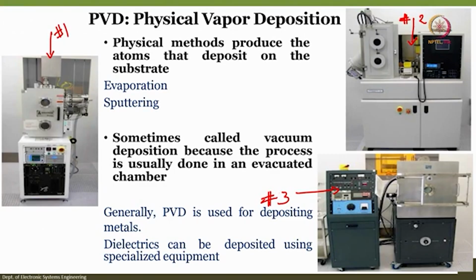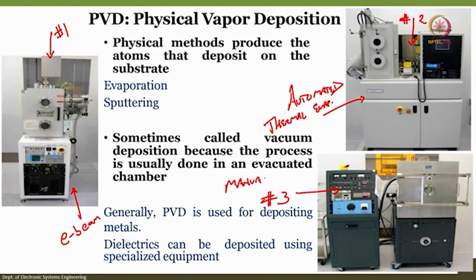So, this is a thermal evaporation system, and this is an electron beam evaporation system. This is an automated thermal evaporation system. This is a manual thermal evaporation system.